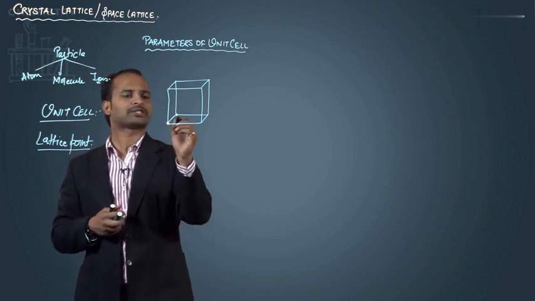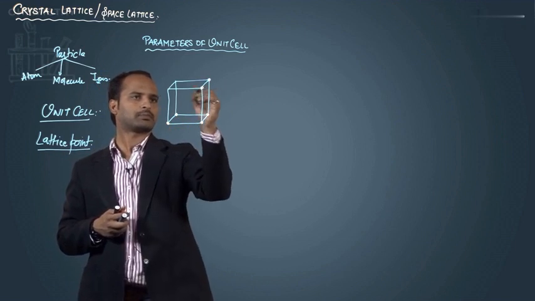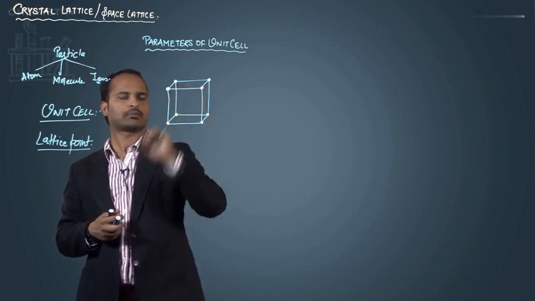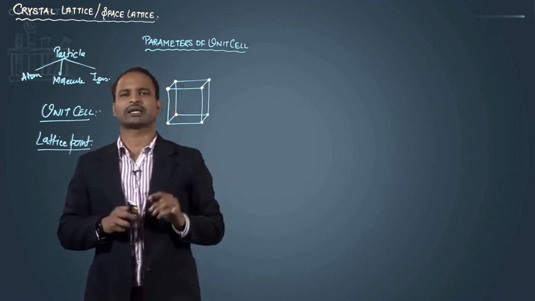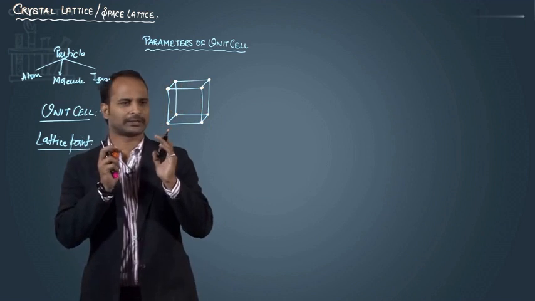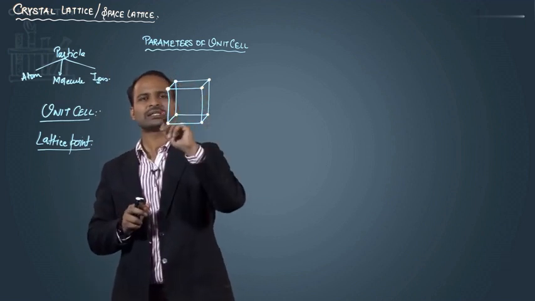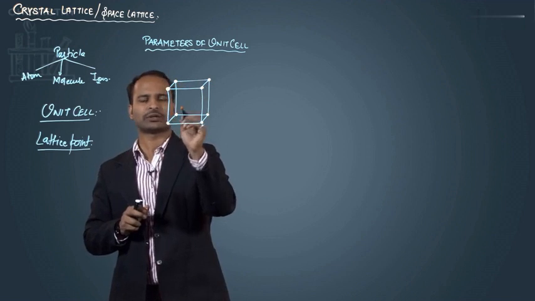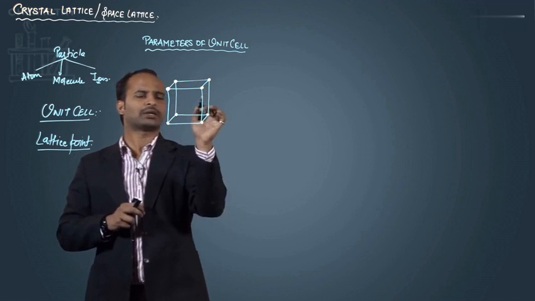These are the particles which are present on it. In this unit cell, I can say that there are a total of 6 faces, a total of 12 sides, and a total of 8 corners.